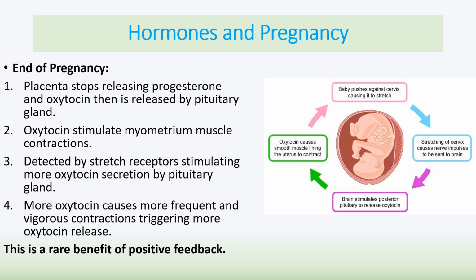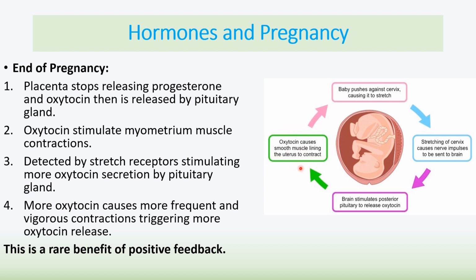So if we look at the picture on this one, just to make sure we're happy with it, the picture shows that if we start here, oxytocin, so remember we said the placenta stops releasing progesterone, and oxytocin therefore is released. That causes the muscle lining the uterus, called the myometrium muscle, to start contractions.